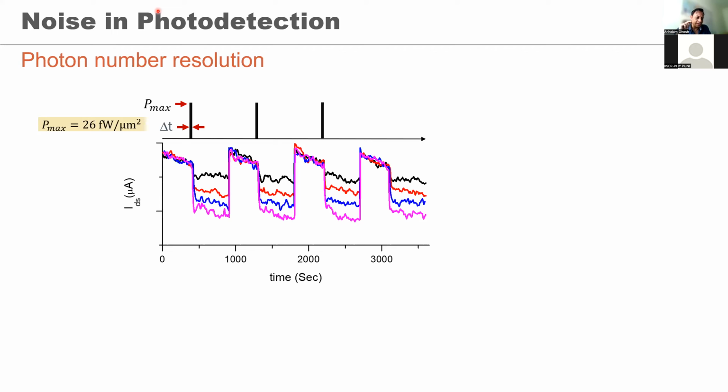The reason is the very large van Hove singularity at the band edge, which leads to very strong absorption. This is a key property of the transition metal dichalcogenides, and it helps us get large absorption and hence large efficiency even at a thickness of 4 to 5 layers, maybe 5 to 6 layers.